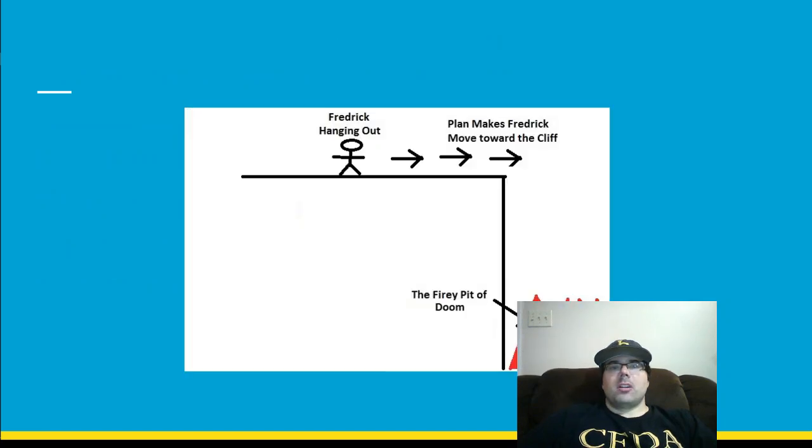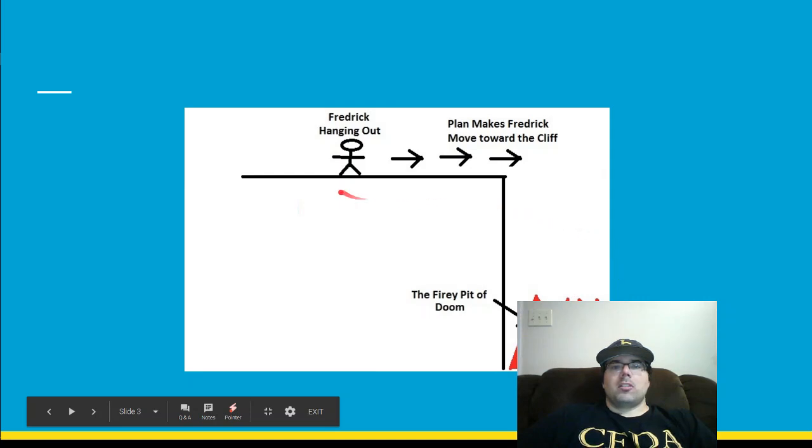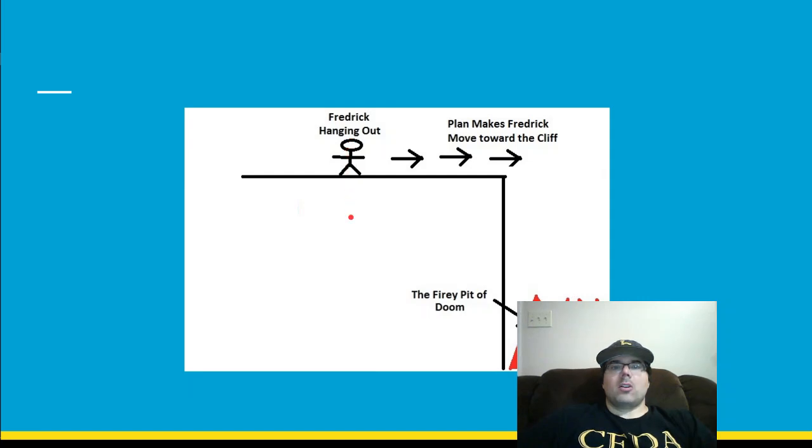You can see here that this is our map of Frederick. He's just hanging out. The plan makes Frederick go towards the cliff and ends up in a fiery pit of doom. So Frederick right here, our uniqueness is Frederick is just hanging out. If you map that diagram over to our example, it is that the U.S. economy is doing well now.